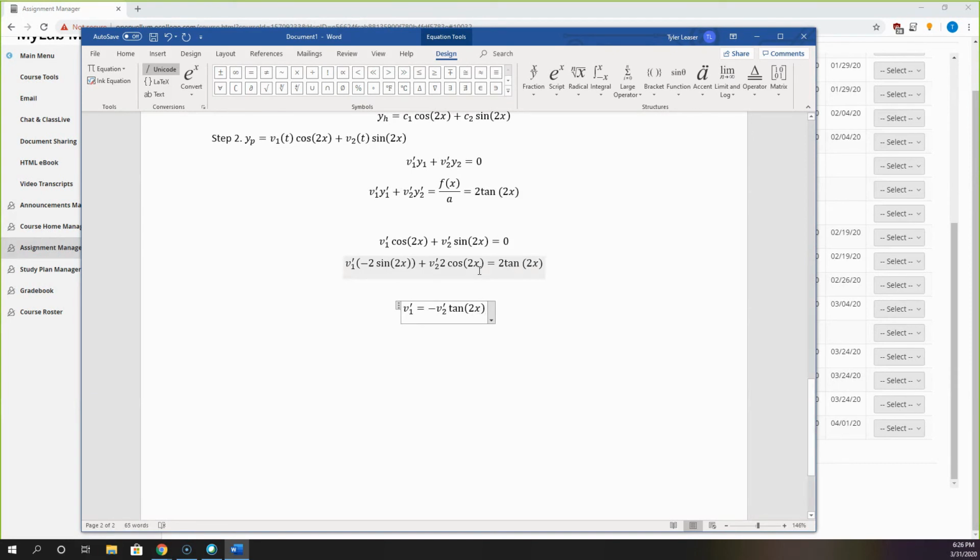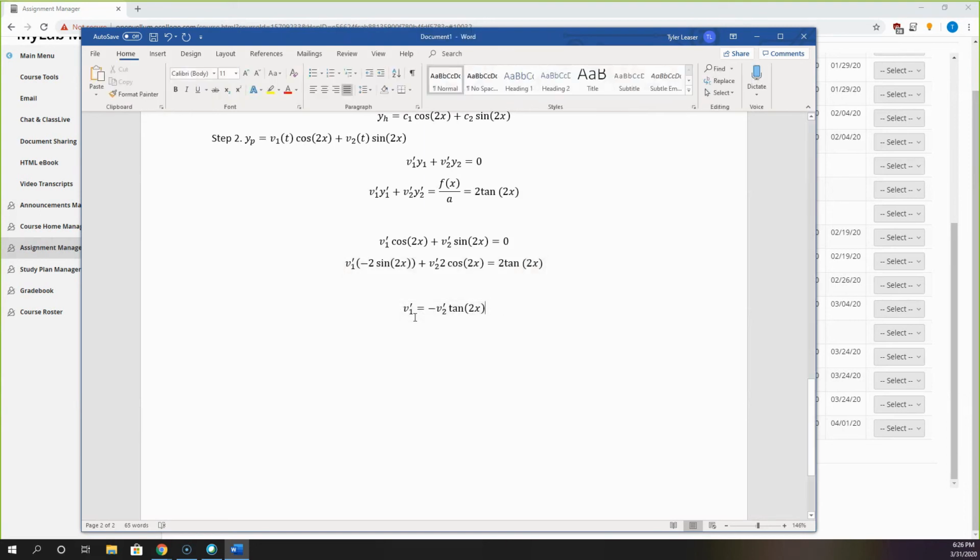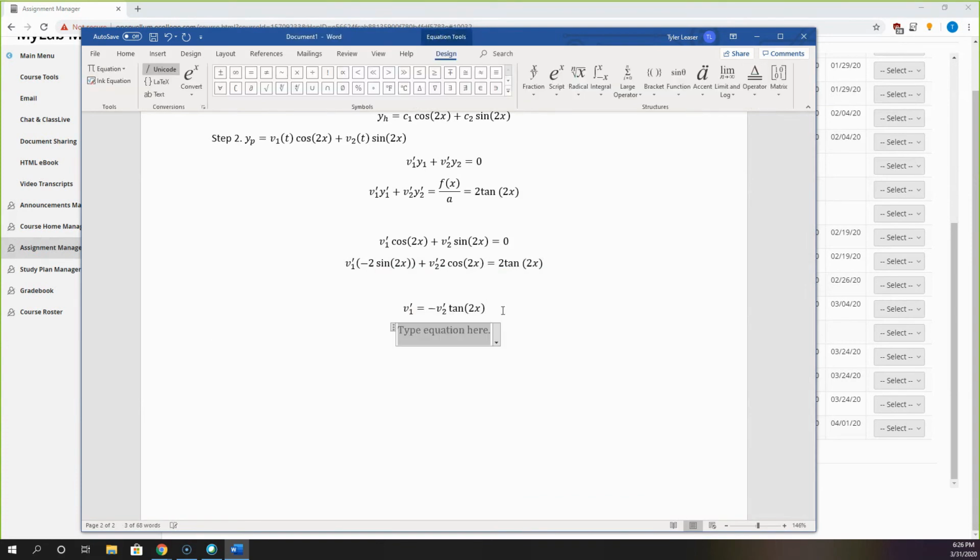Good, so that's that one. And now we want to take this one and plug it into the second equation. So now it's going to be that negative v2 prime tangent 2x plugged in for the v1 prime times the negative 2 sine 2x, and then just copying the rest down.